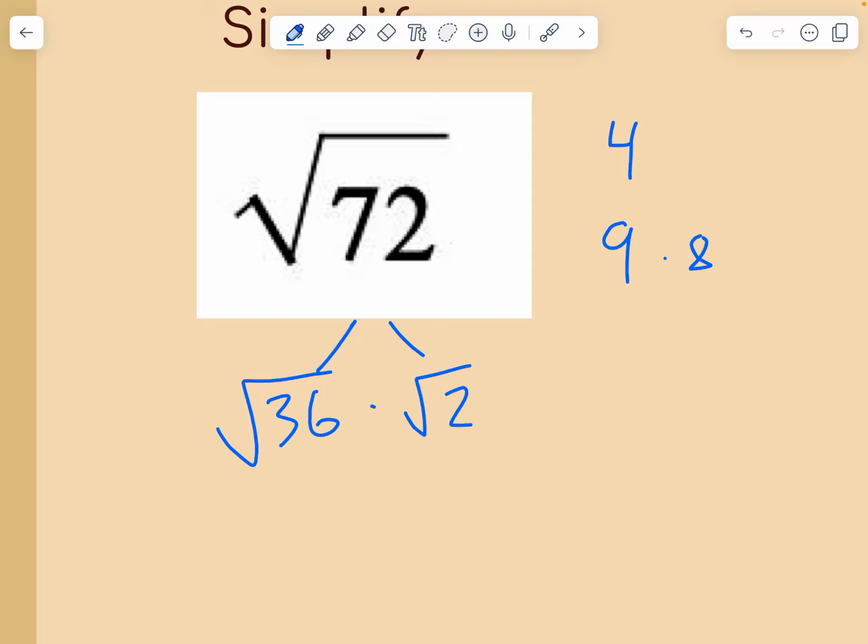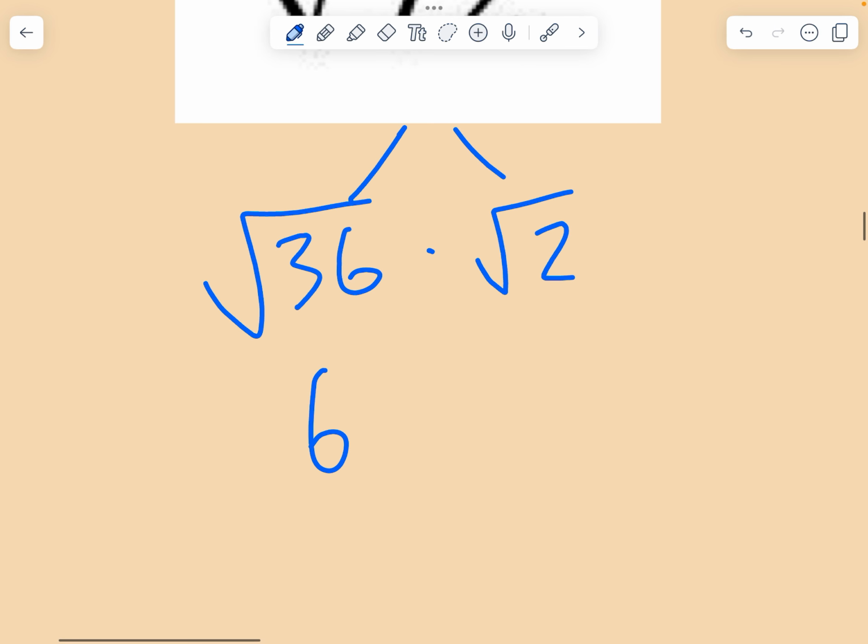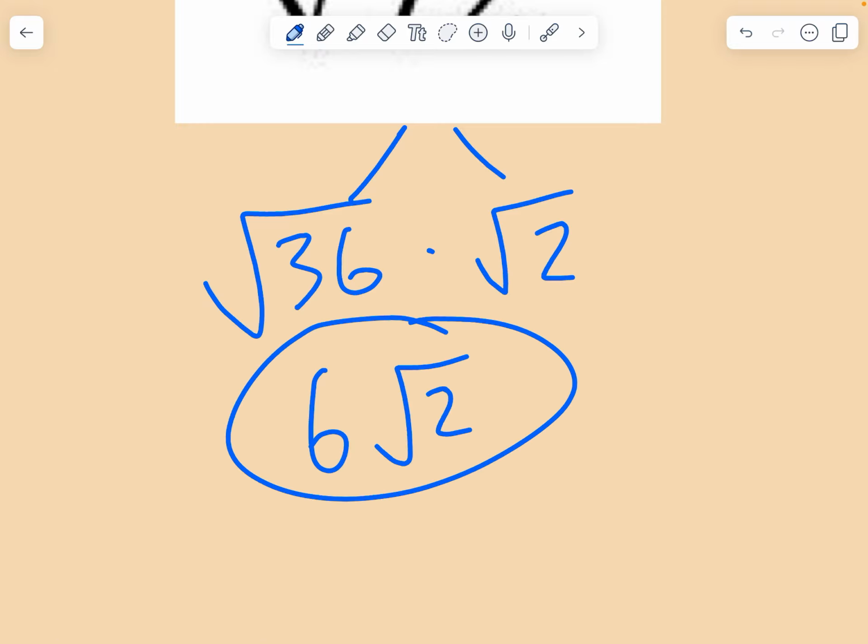And 72 is 4 times 18. Okay, so there's really 3 perfect squares that go into 72. If you have a choice, you want to do the biggest one. Okay, so we want to do 36 because the square root of 36 is 6, and we get 6 radical 2, which is the best way to do this.